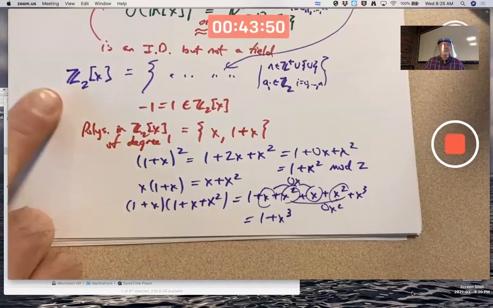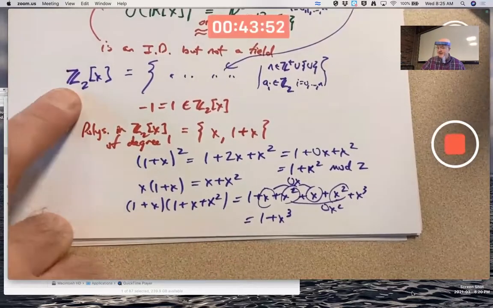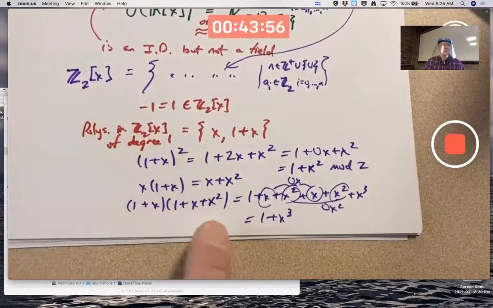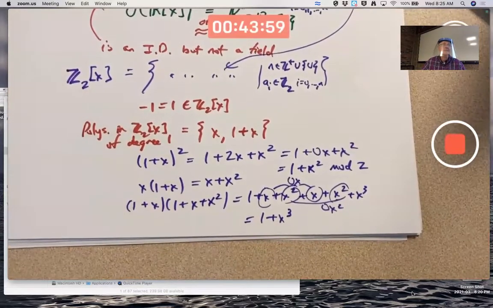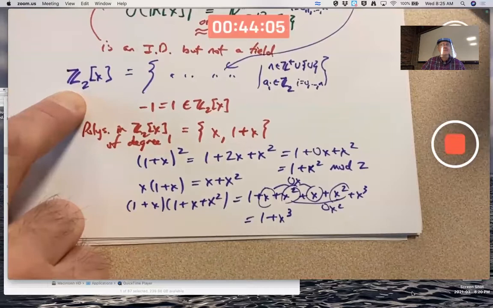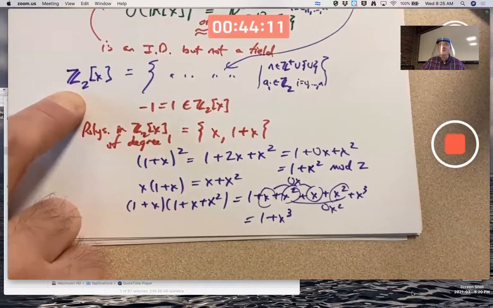I can't do that factorization if this was Rx. That kind of factorization would not be valid in Rx. But it is valid in Z2x. Turns out we'll be able to do polynomial division, long division.